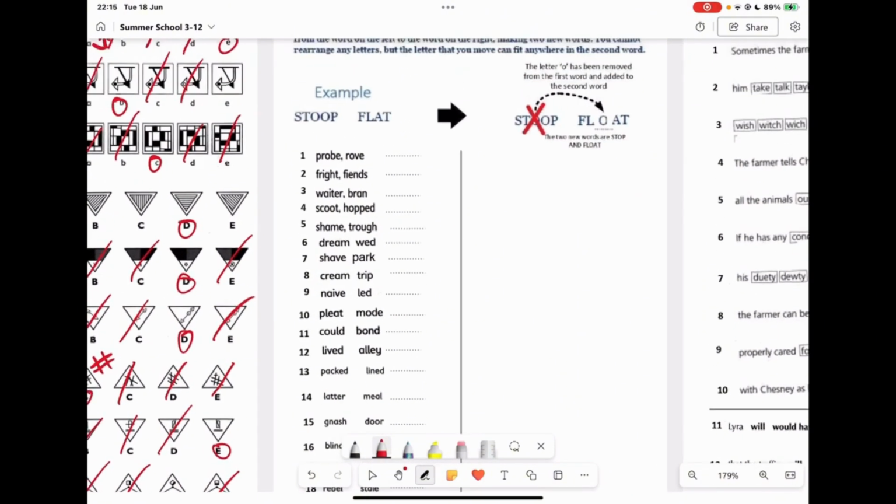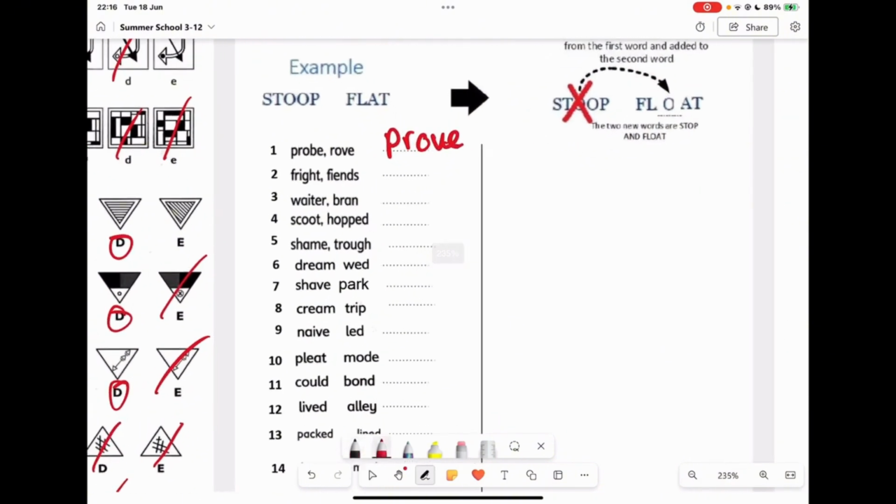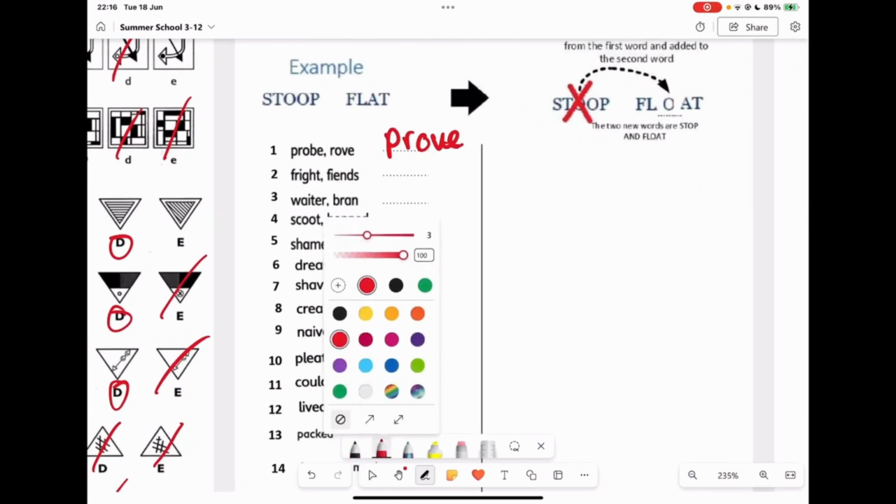So, for question 1, we have probe and rove. So what we're going to have here is robe and prove. So we can write prove here. I'll just reduce my font size for this one.